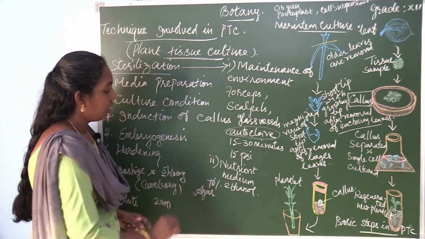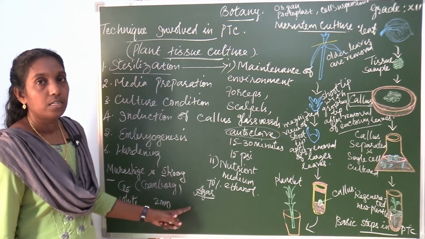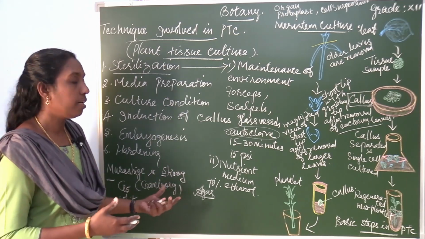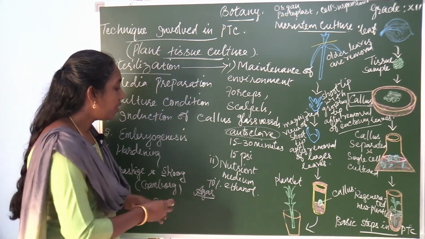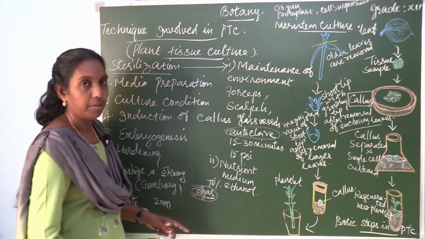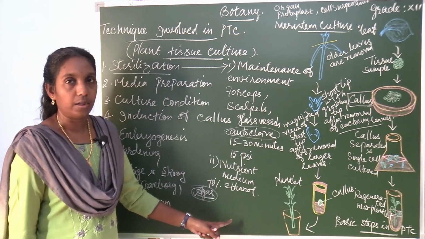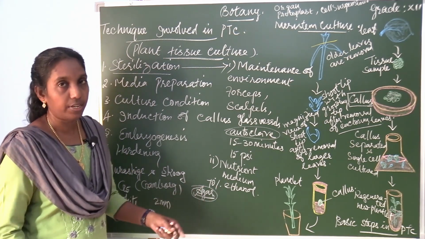Agar is a solidifying substance. The medium can be solid, semi-solid or liquid, and it can be solidified with agar. Agar is prepared from a marine alga, and it is used for solidification.